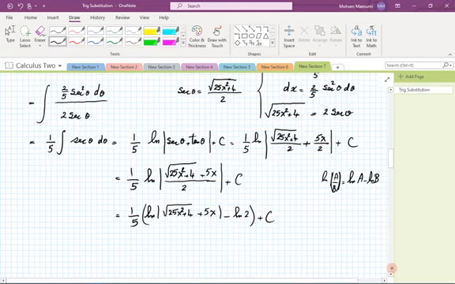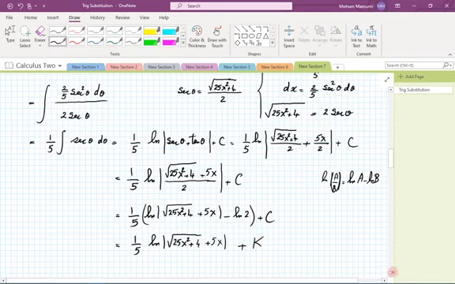Well, 1/5 of logarithm of 2 subtracted from this constant will be some other constant. So I might as well merge my constants, so combining these constants I can write something else.